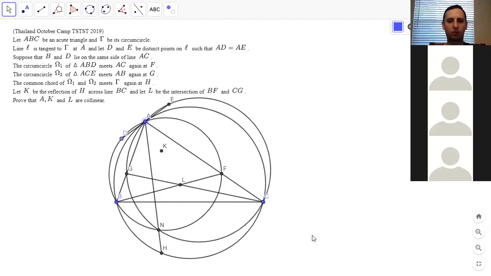We used this fact in a previous problem. Oh, I think you're right. Yeah, that was a previous video we did. So yeah, let's see how we can prove FG is parallel to BC. So yeah, we have to use that AD is equal to AE eventually.